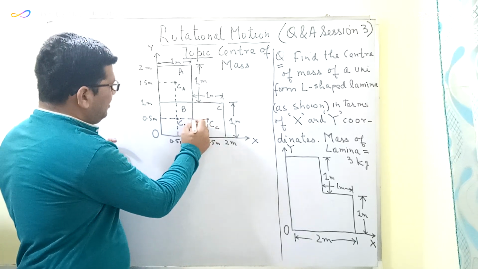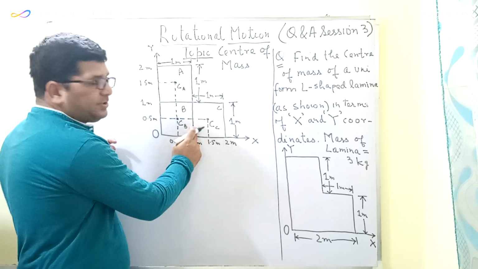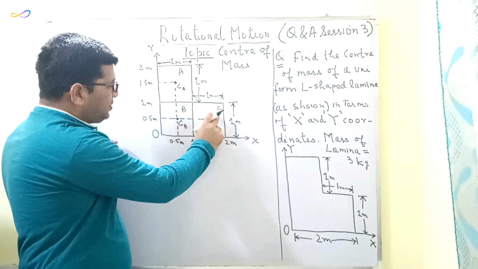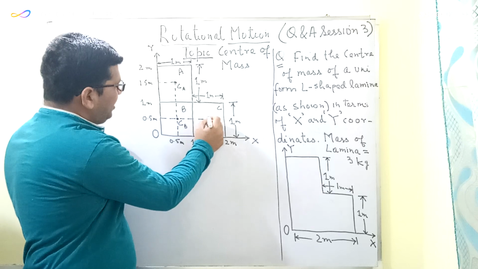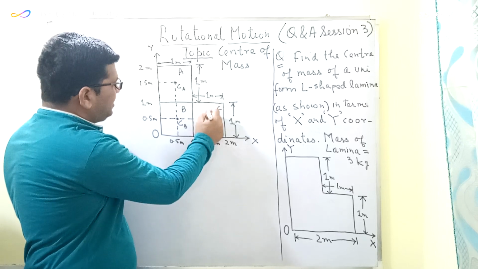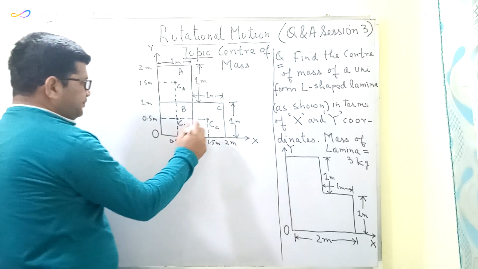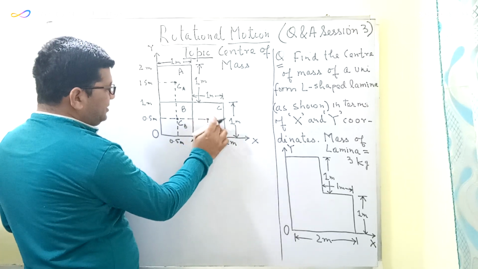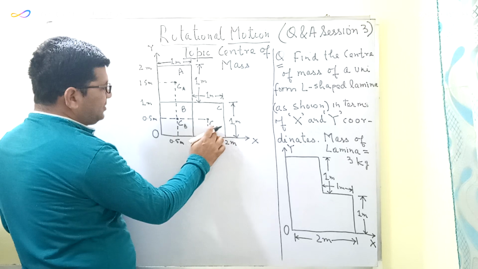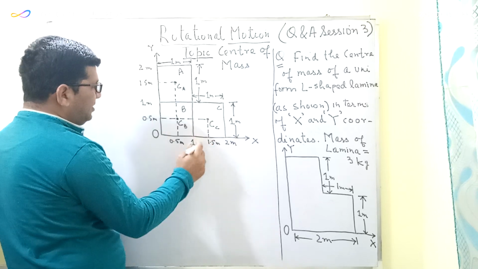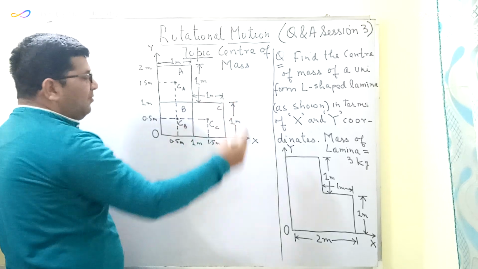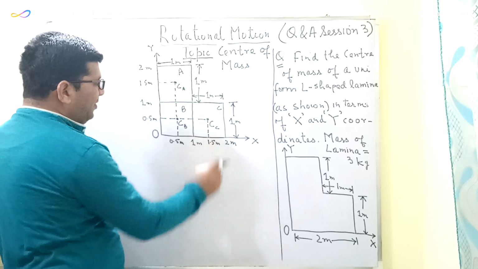Now this center will be at equal distance from this side of this portion of the lamina, and it will be at equal distance from the other two sides also. So the distance of the center of each portion from any one of the sides will be equal to 0.5 meter.